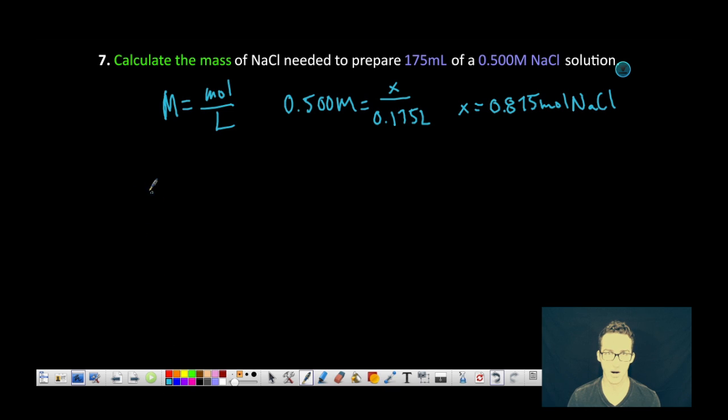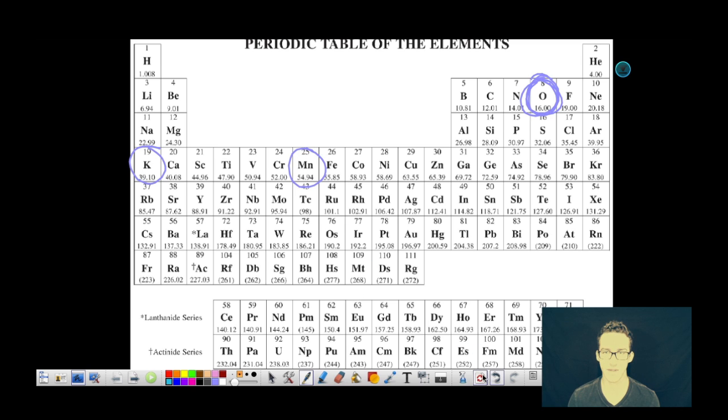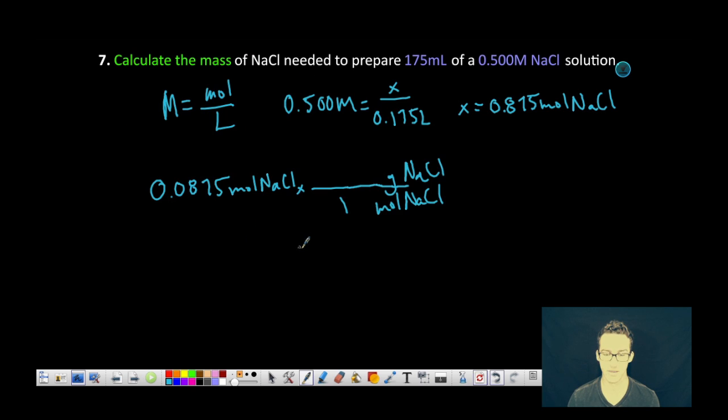So we're going to take our 0.0875 moles of NaCl, do some dimensional analysis, moles NaCl, grams NaCl. Again, this number is going to come from the periodic table of the elements. We're going to take 1 sodium and 1 chlorine, add them together, and we end up with 58.44 grams.